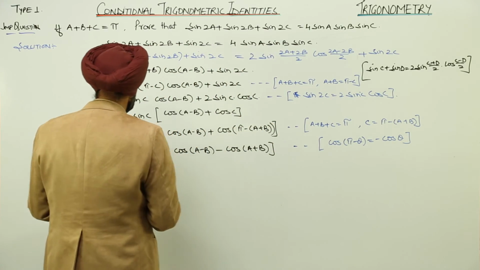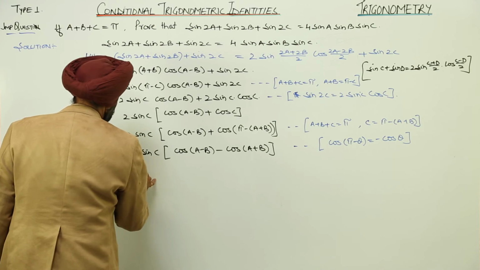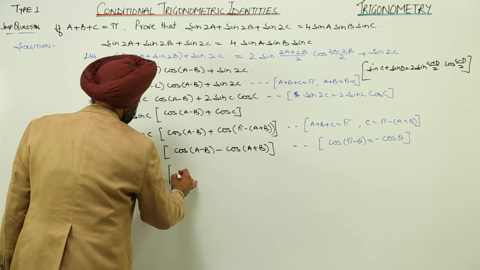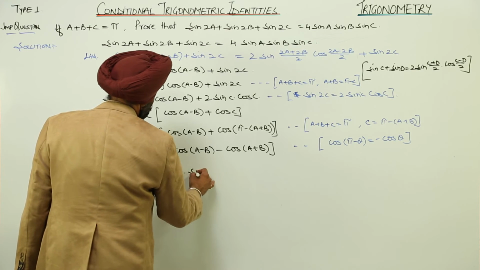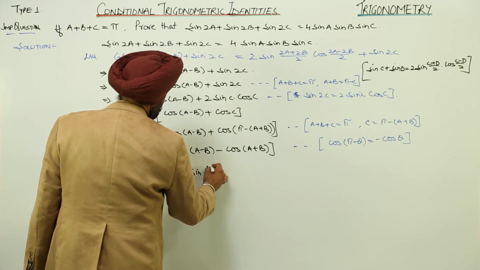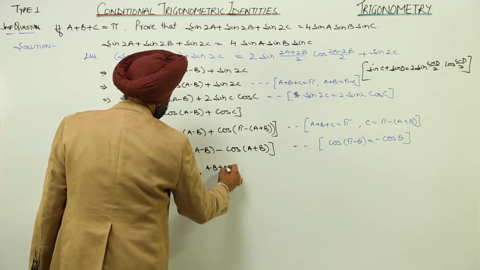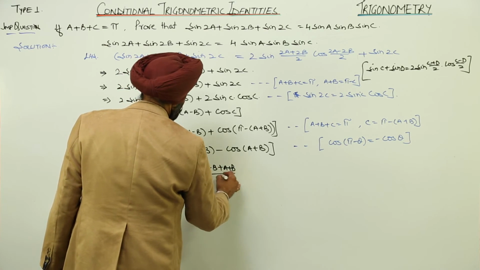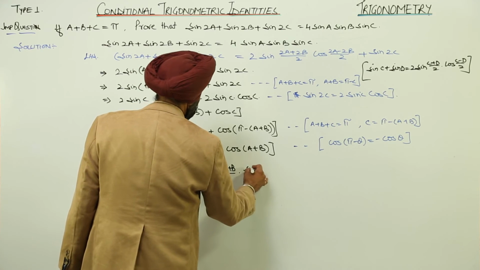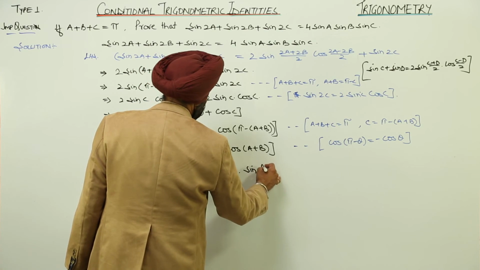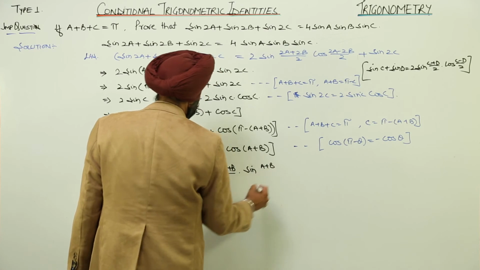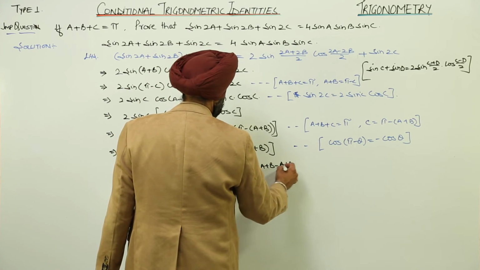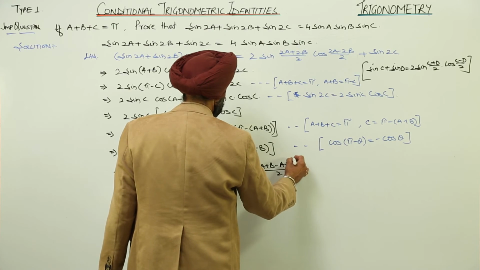Now 2 sin C, and we have 2 sin ((A minus B plus A plus B) upon 2) sin ((A plus B) negative of (A minus B) upon 2).